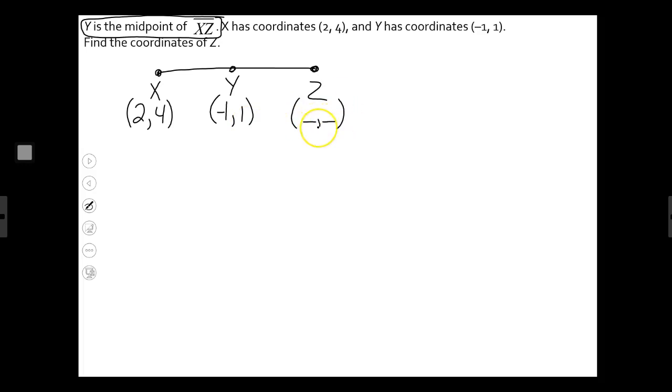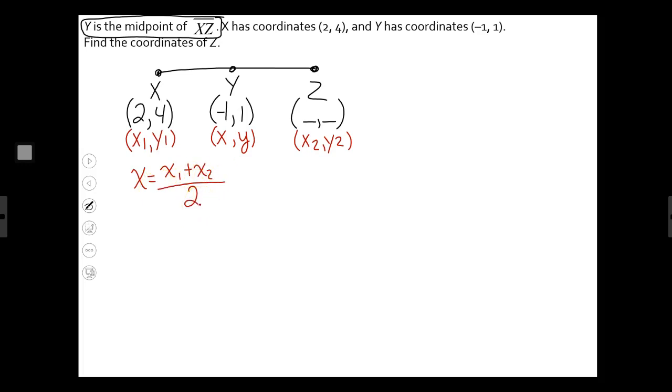I don't know those. So if we label, like I tell you guys to label, your first endpoint is x1, y1, your second endpoint is x2, y2, and your midpoint is x, y. Always, always, it will be that way. Okay, so let's plug it into the formula. x equals x1 plus x2 divided by 2.